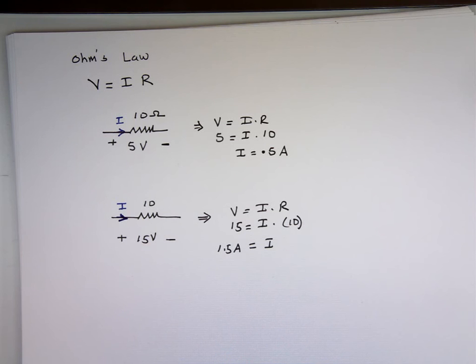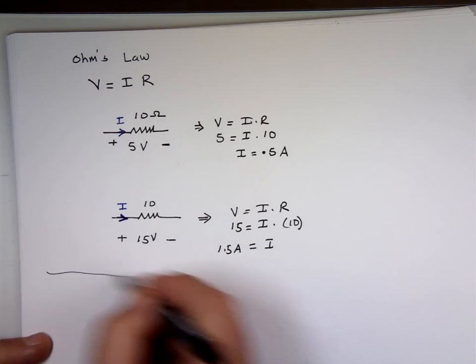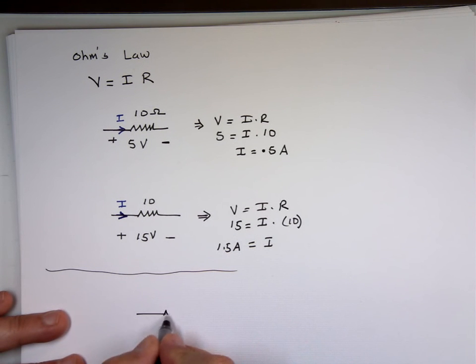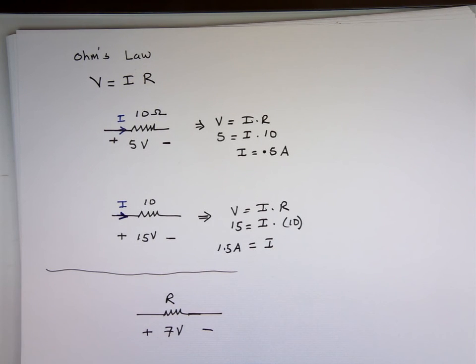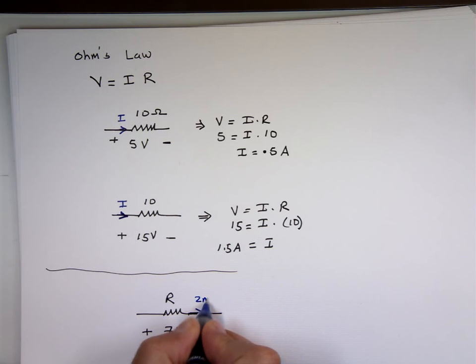Or I might say to you, I have this resistor. I don't know the value of the resistor, it's unknown. There is 7 volts across it, and I measure the current through it. When I measure the current, I get a current going in that direction of 2 milliamps. Can you tell me what that resistor is?